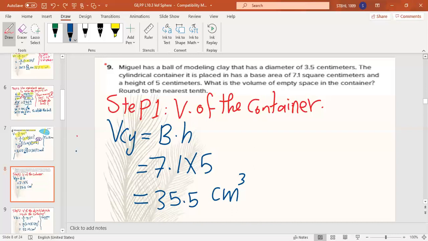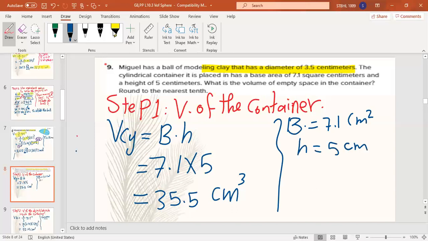So I read the question again to figure out what is given. Miguel has a ball of modeling clay that has a diameter of 3.5. So this is diameter of the modeling clay which is inside a cylindrical container which has base area of 7.1 square centimeter, and its height equals 5 centimeter.